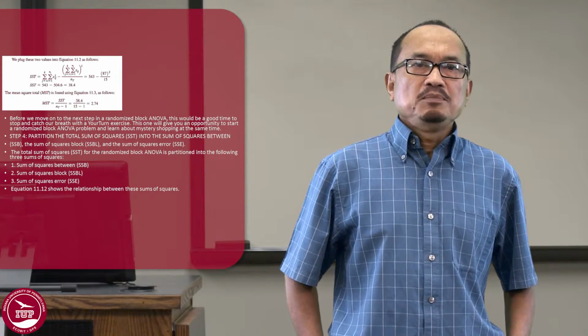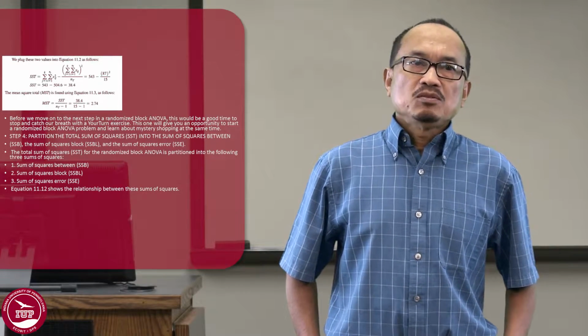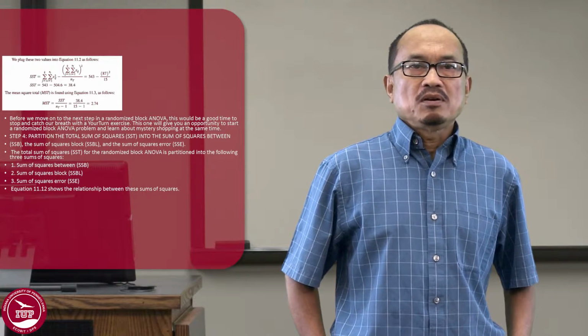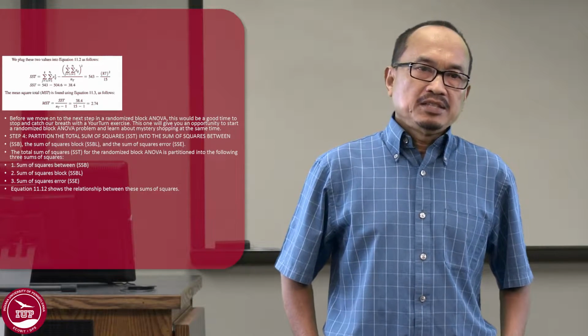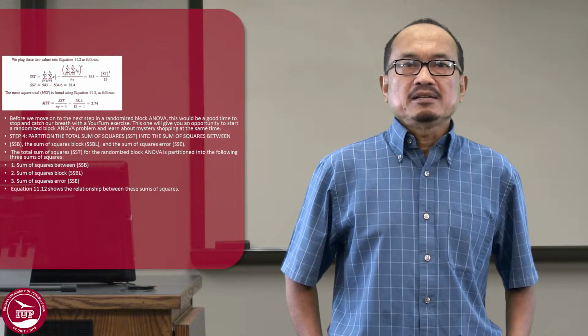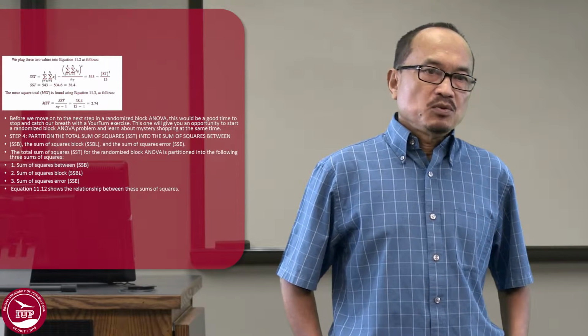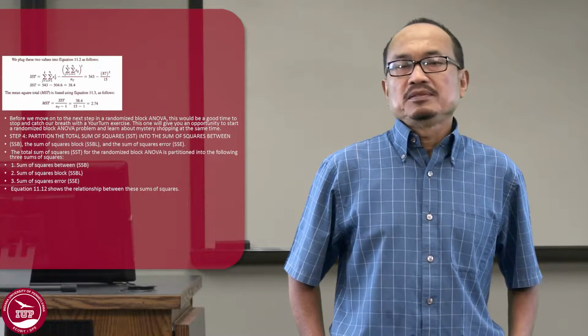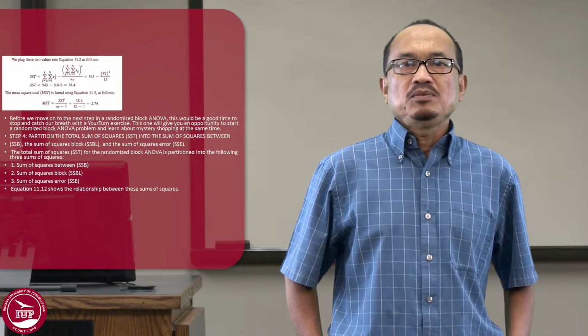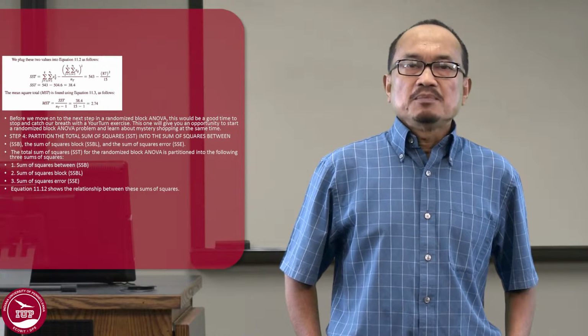Sum of square between, or SSB. 2. Sum of square block, or SSBL. And 3. Sum of square error, or SSE. Equation 11.12 shows the relationship between these sum of squares.